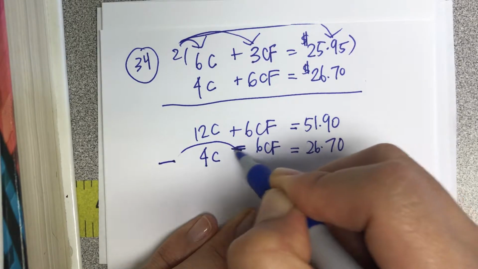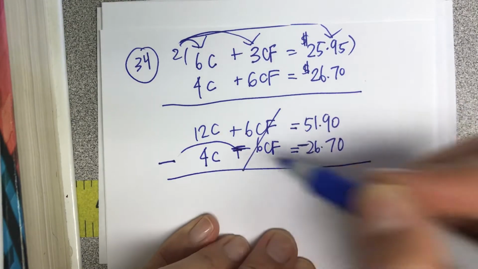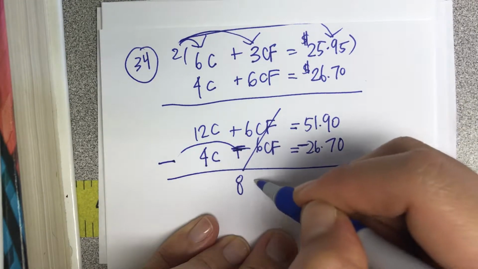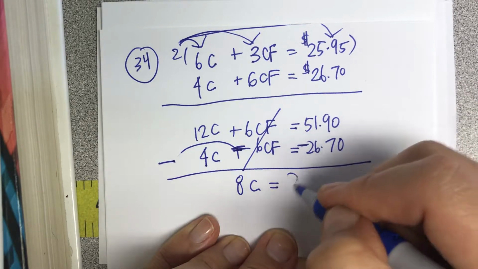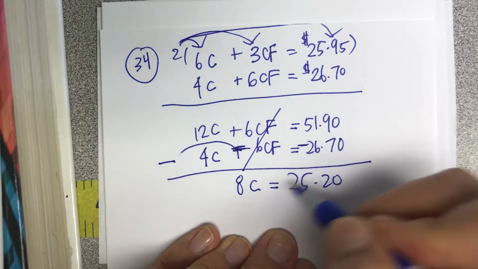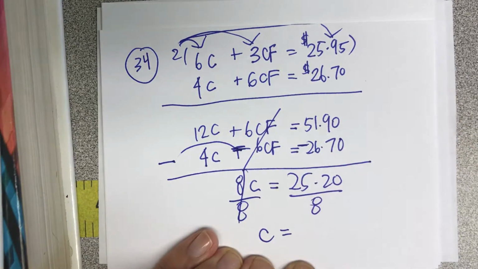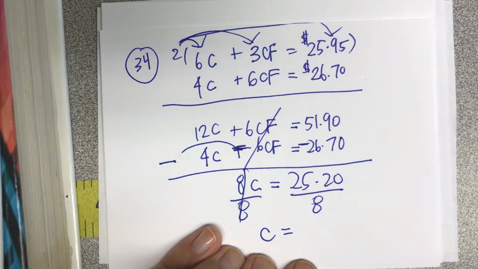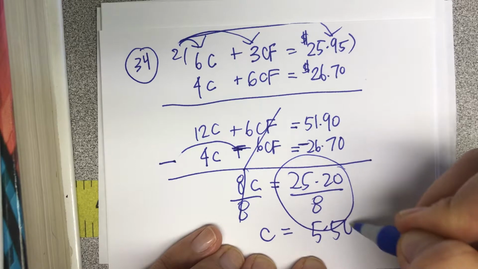So this one will become a negative, and this one will become a negative. If I do that, you cross that one out, and this will be 8C equals 51.90 minus 26.70. Do this on your calculator, you'll get 25.20. Then easily you could just divide out the 8. C equals that.